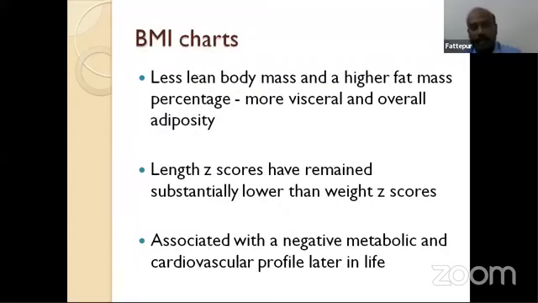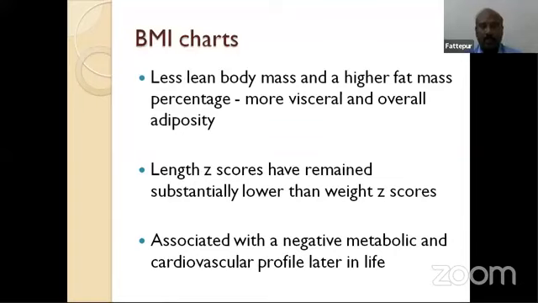Coming to the BMI chart, why did they include it, why do we have to plot even the BMI? As I have already told you, preterm infants are more prone to abnormal fat deposition, especially visceral fat.